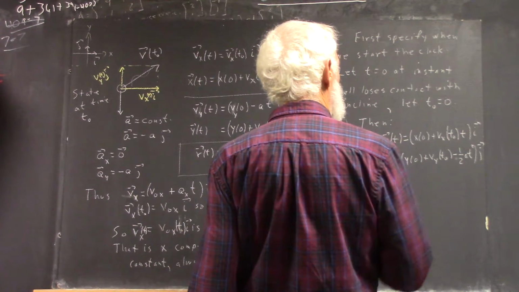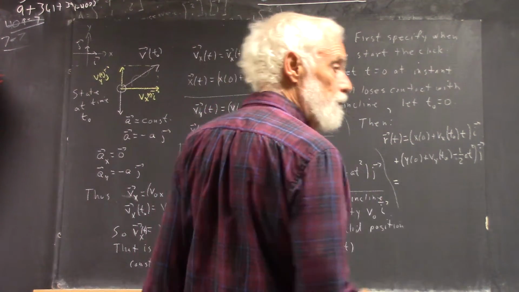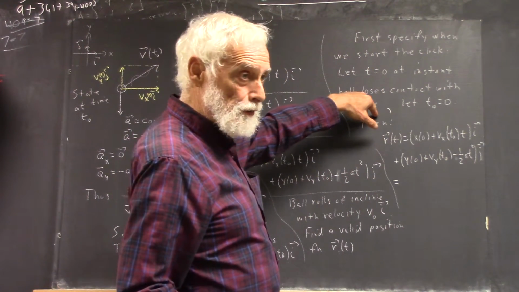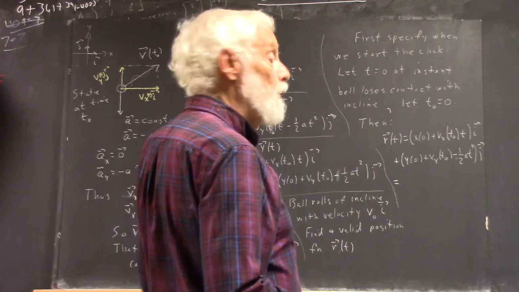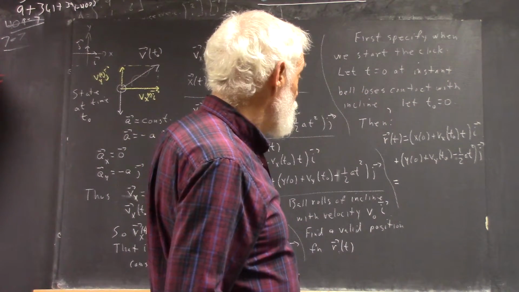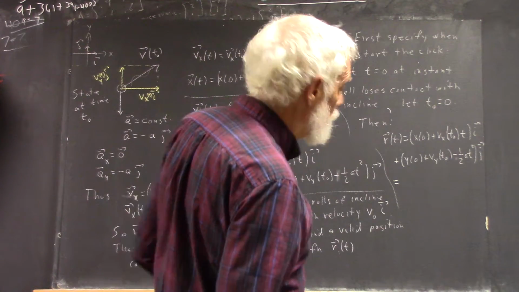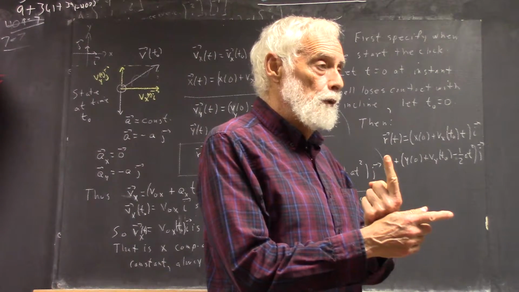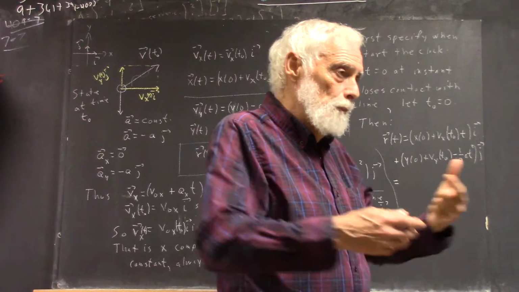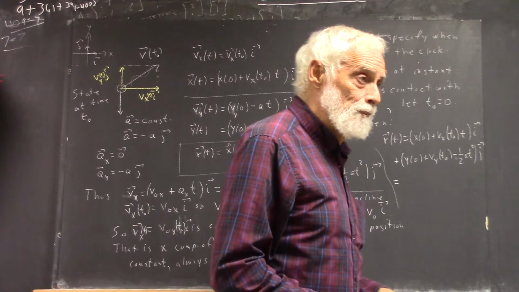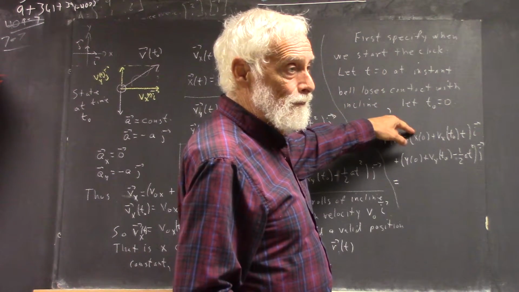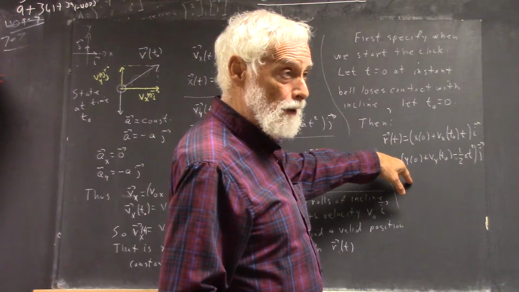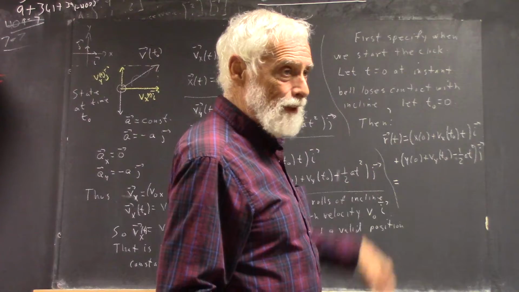And that equals, what's x of 0? Well, we haven't decided where the origin of our coordinate system is. So we're going to implicitly assume that we have a horizontal-vertical coordinate system with the origin at the point where the ball leaves the incline. I could have stated that earlier, but I consciously decided to let it come up here. I'll write it down after we've used it.